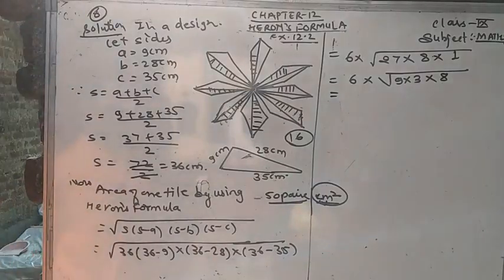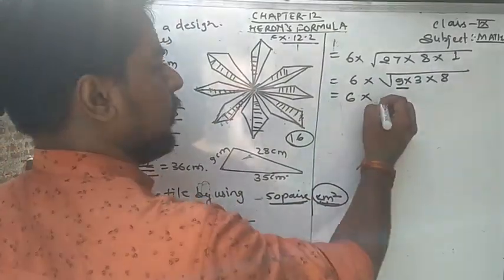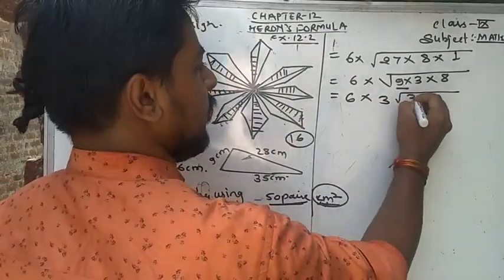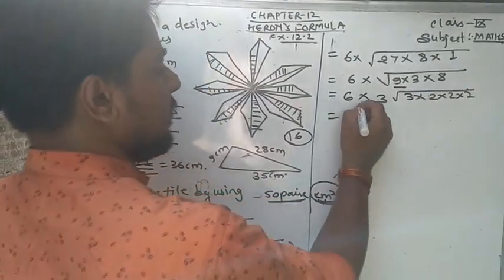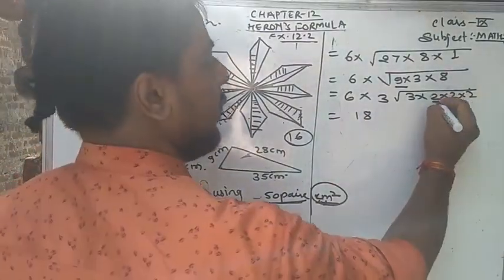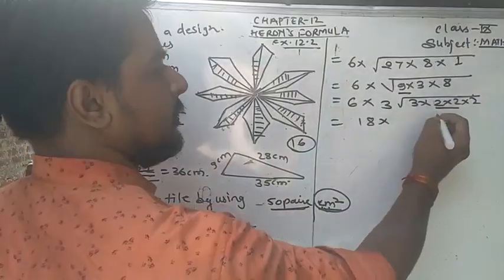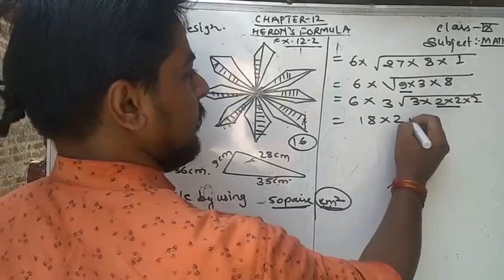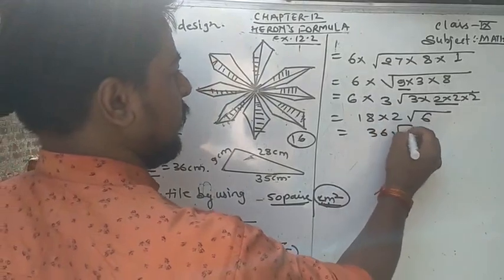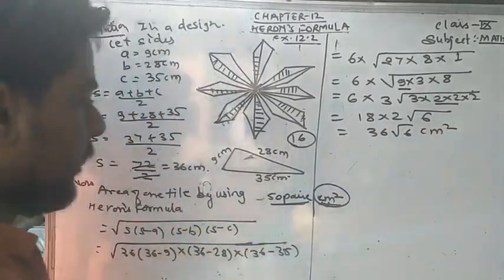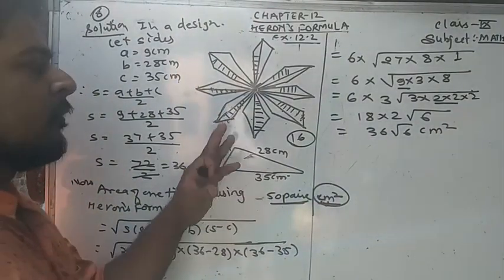So we will see that it is 6 multiplied by the square root of 9, which is 3, and the square root of 3 multiplied by 8. 8 can be written in prime factors as 2 into 2 into 2. 6 times 3 is 18, and a pair of 2s exists in the square root, so it becomes 2, and 3 times 2 is 6 remaining in the square root. 18 times 2 is 36, so 36 root 6 centimeter square. That is the area of one tile.